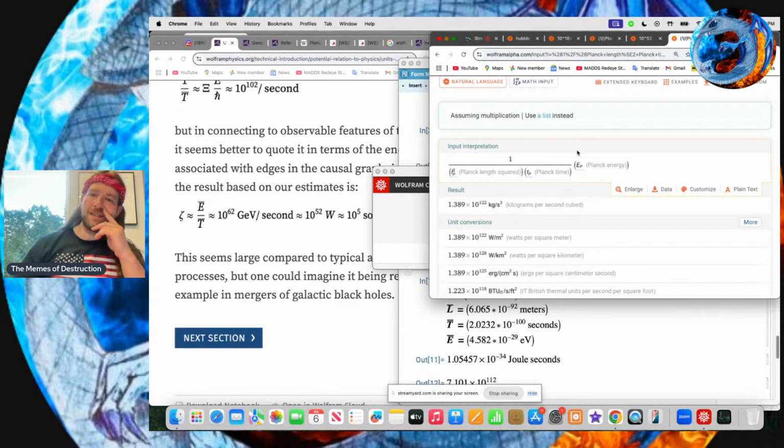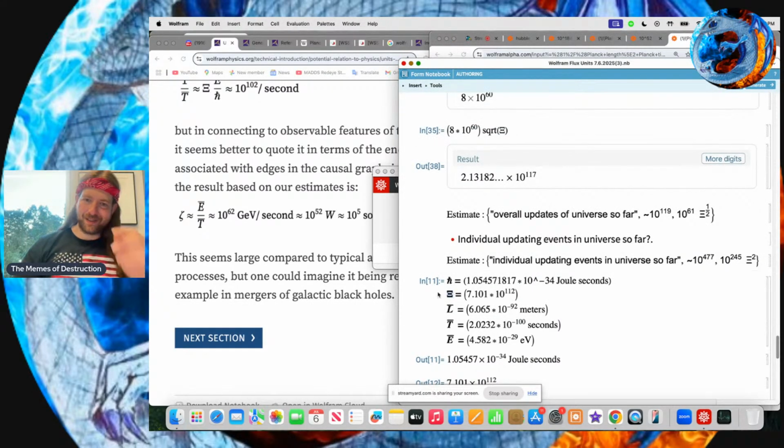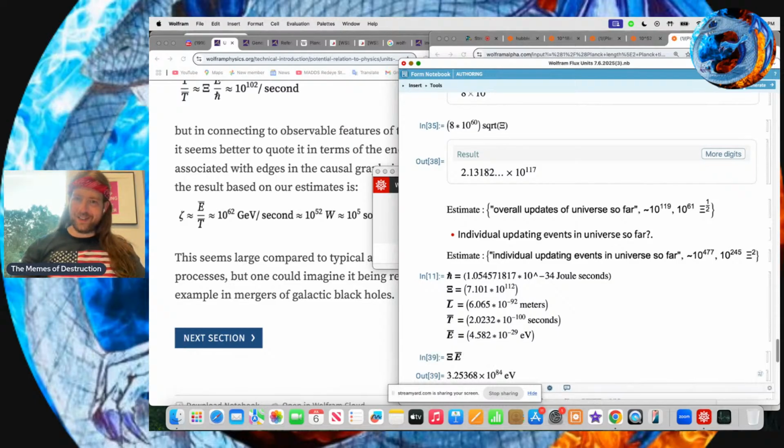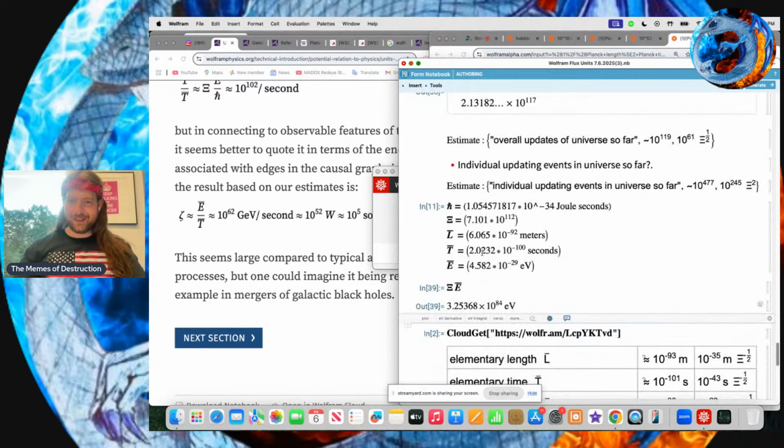So it would be... oh, it's probably just going to be... hold on. That times the elementary energy? No, I need to divide. No. That's a lot of mega electron volts.